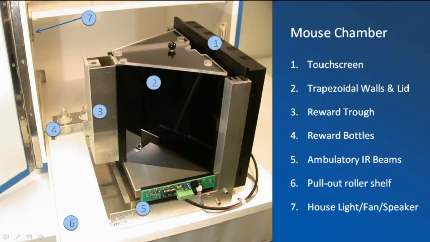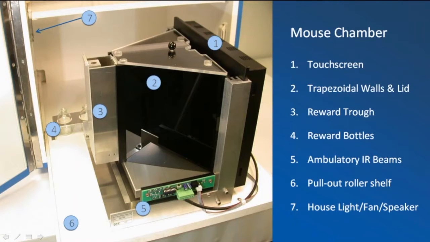This encourages the animal to view the monitor straight on rather than from the side at a sharp angle, which might skew the images. At the back of the walls is a reward trough or receptacle. This either presents a pellet or liquid for the reward mechanism. This is really strategically located at the rear of the chamber, as most of the touchscreen tasks require the animal to return to this reward trough to initiate the next trial.